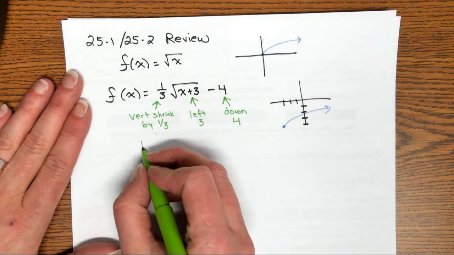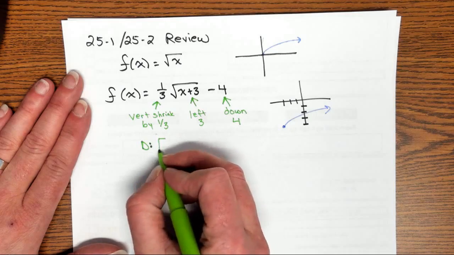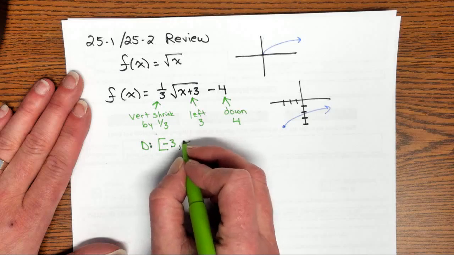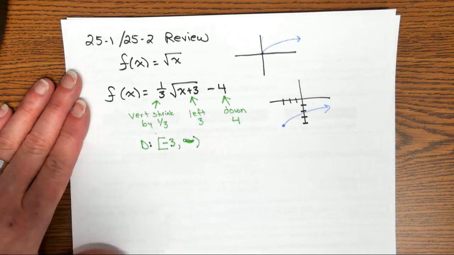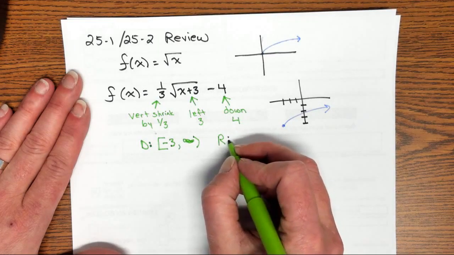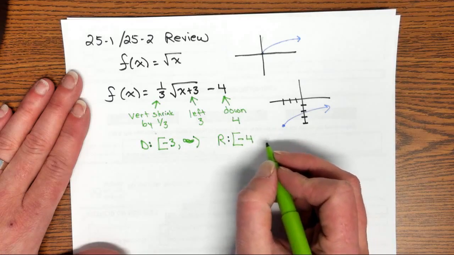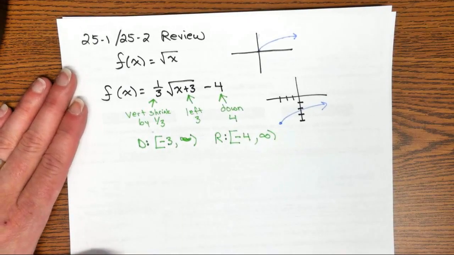Well, the domain, since we're starting when x is -3, and it keeps going to the right, is -3 to infinity. The range, the lowest y value is -4, and it's going up, so to infinity.